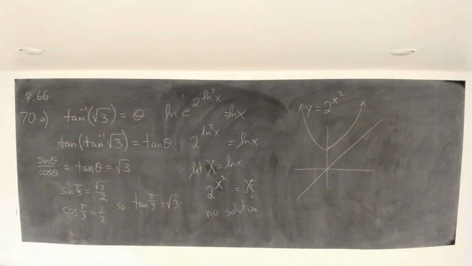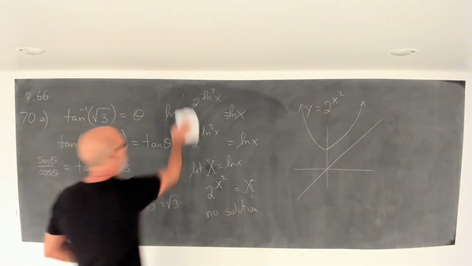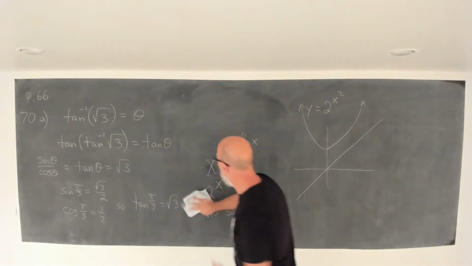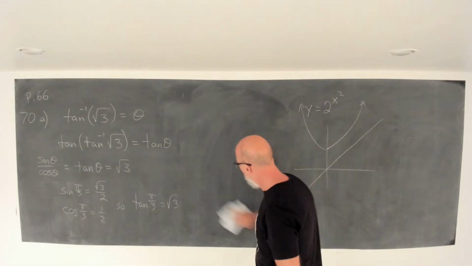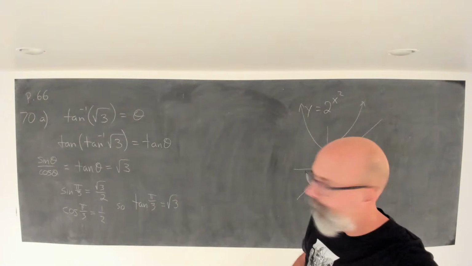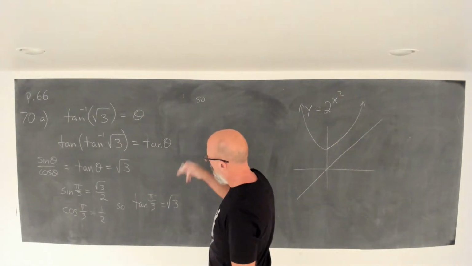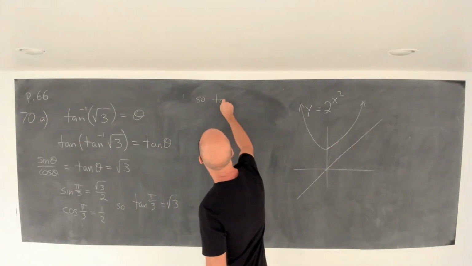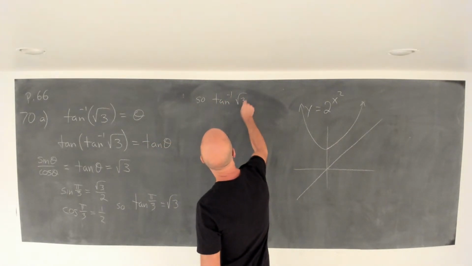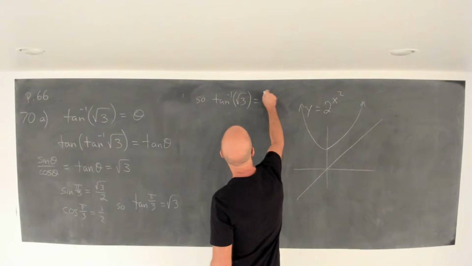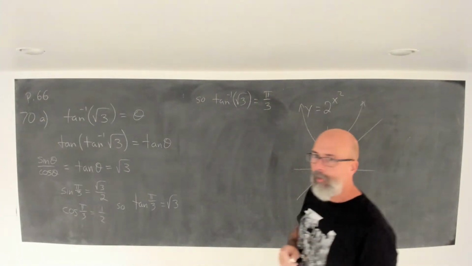And consequently, arctan of root 3 is pi over 3.